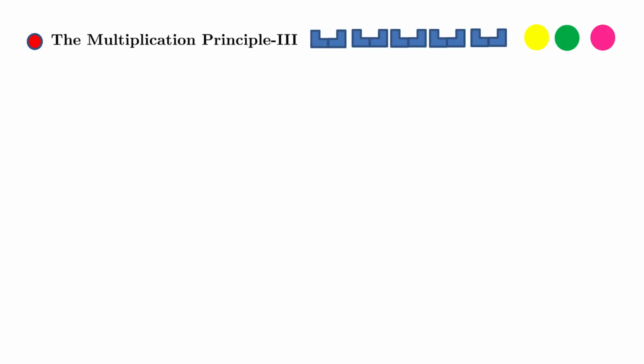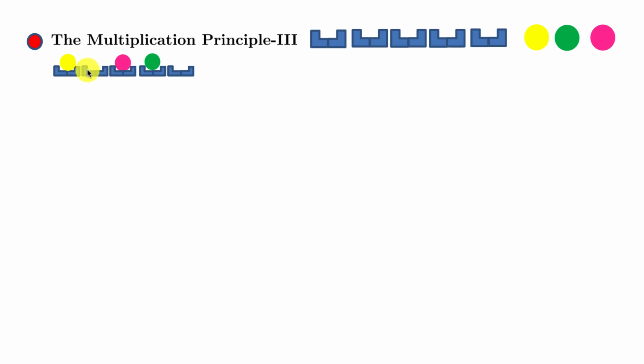A third commonly encountered situation leads to what I will call the multiplication principle number 3. So suppose that we have a number of different colored balls, and these are to be put into slots. There are more slots than there are balls, and we want to know how many different combinations there are. Well, that's easily done. The first ball can be put here.